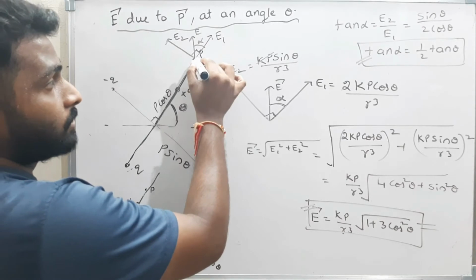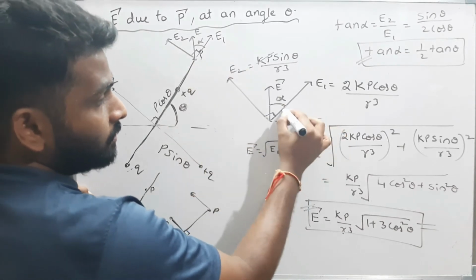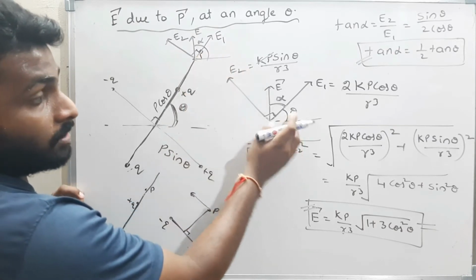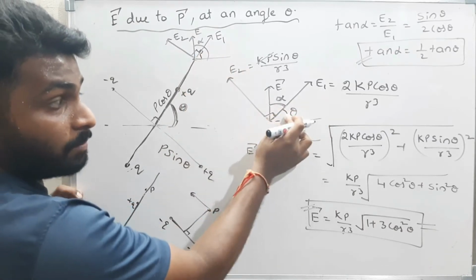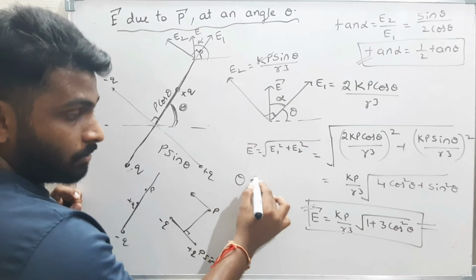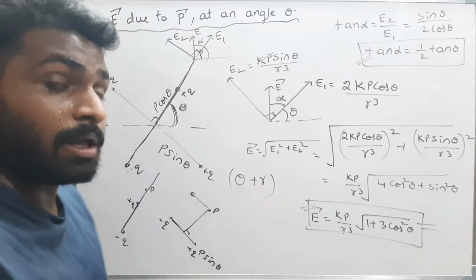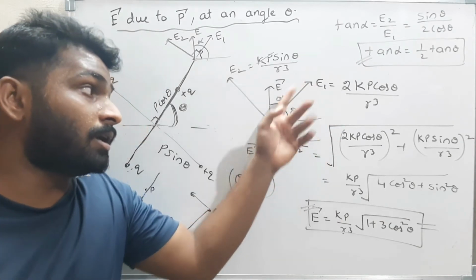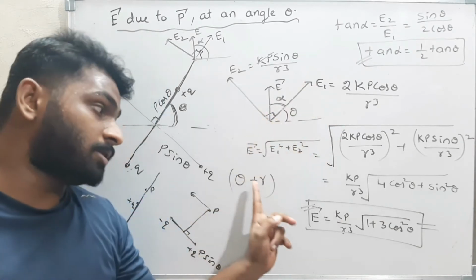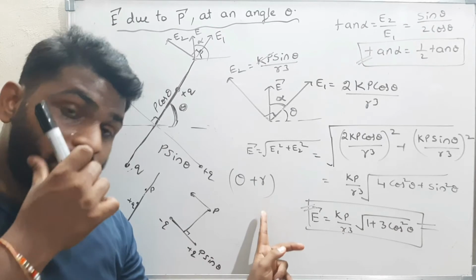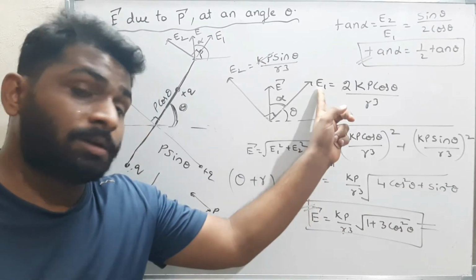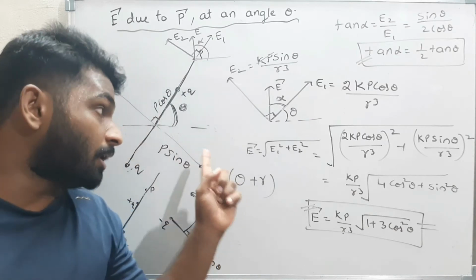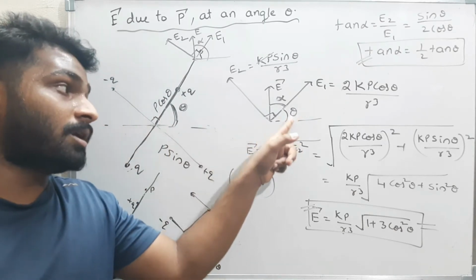See here, this is theta, this is theta. With the dipole, it is making an angle theta plus alpha. Therefore, if they ask you to find the angle made by the resultant with the dipole, that is theta plus alpha. Please remember this. If they ask you to find the angle made with E1, then it is alpha.